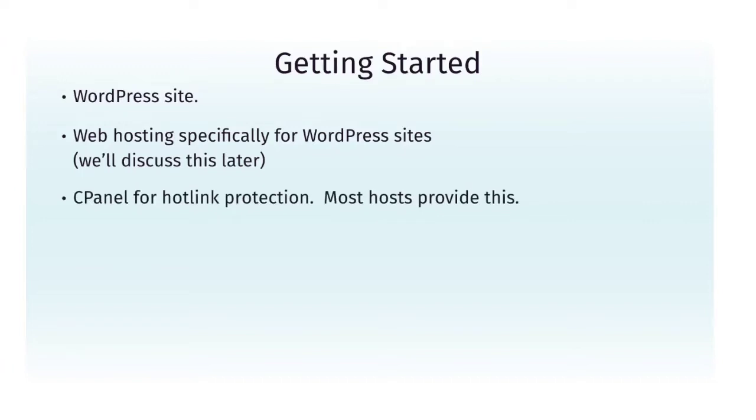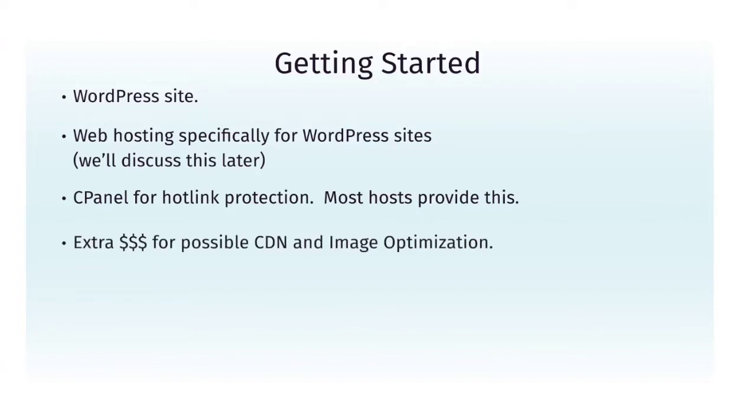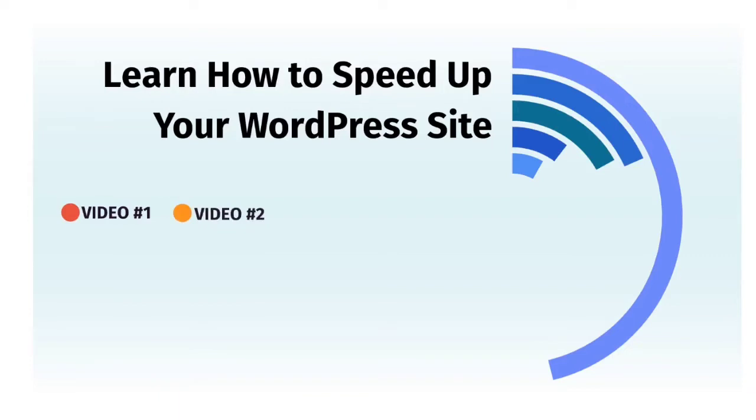Most hosts provide cPanel. If you're not using cPanel, then most likely you do have hotlink protection that is typically built in. And of course, you will need to have extra money for possible content delivery networks and image optimization. So let's move on to video number 2.